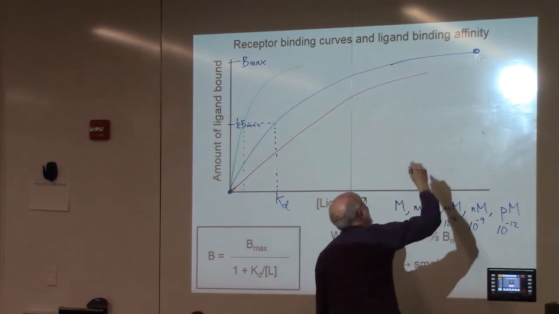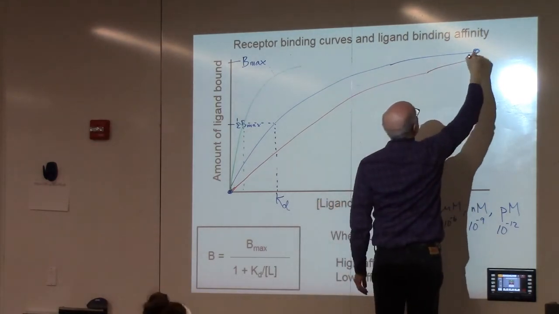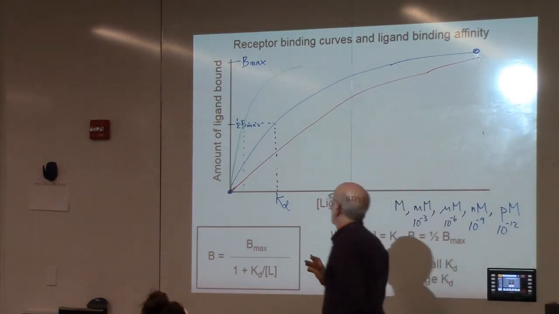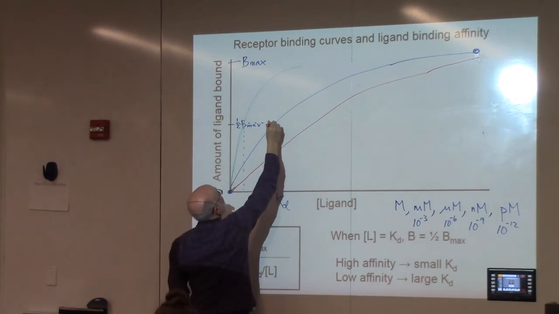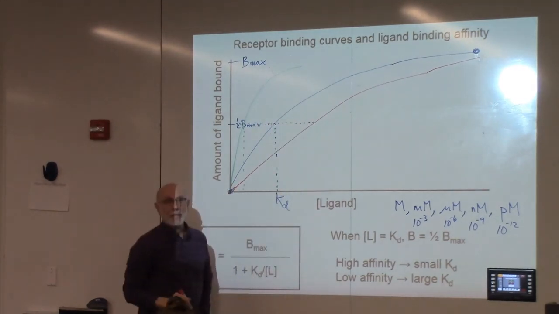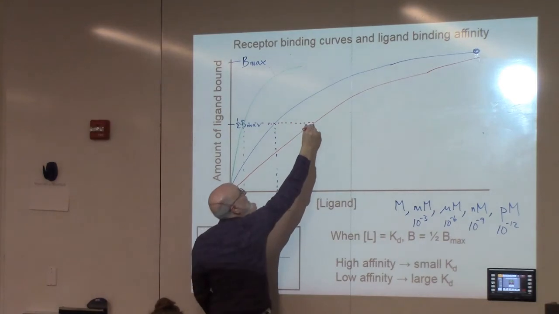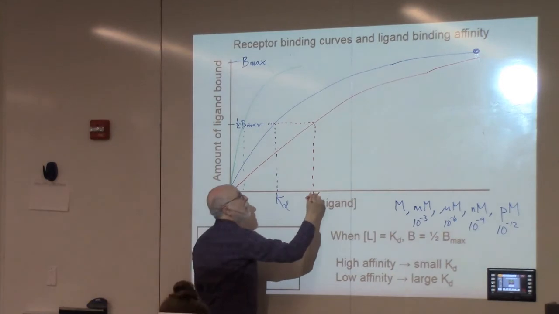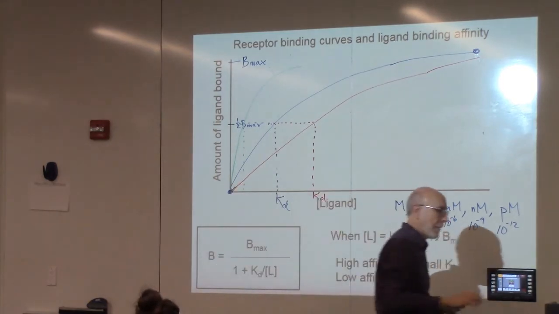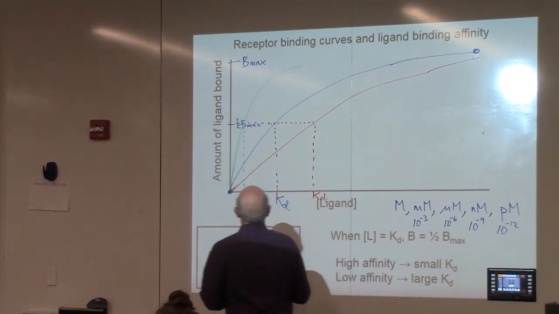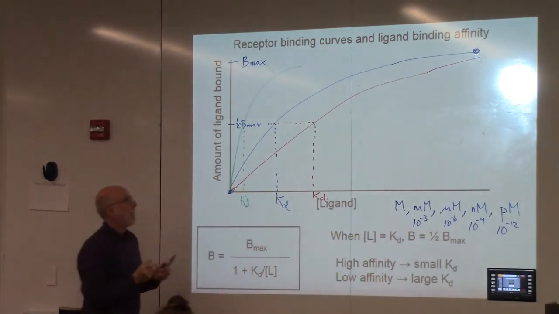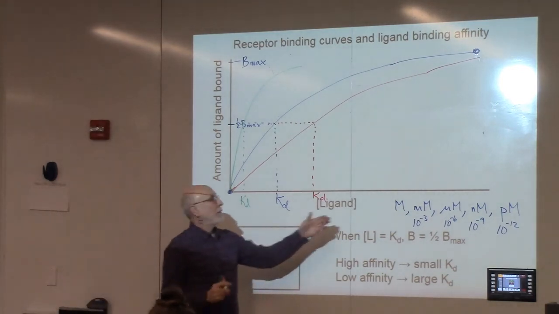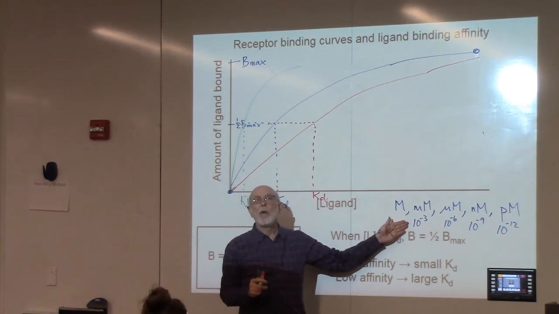You can imagine that this is eventually going to get to the Vmax, but it's not on this scale. And so here is the 1/2 Vmax for the low affinity receptor. It has a higher Kd.